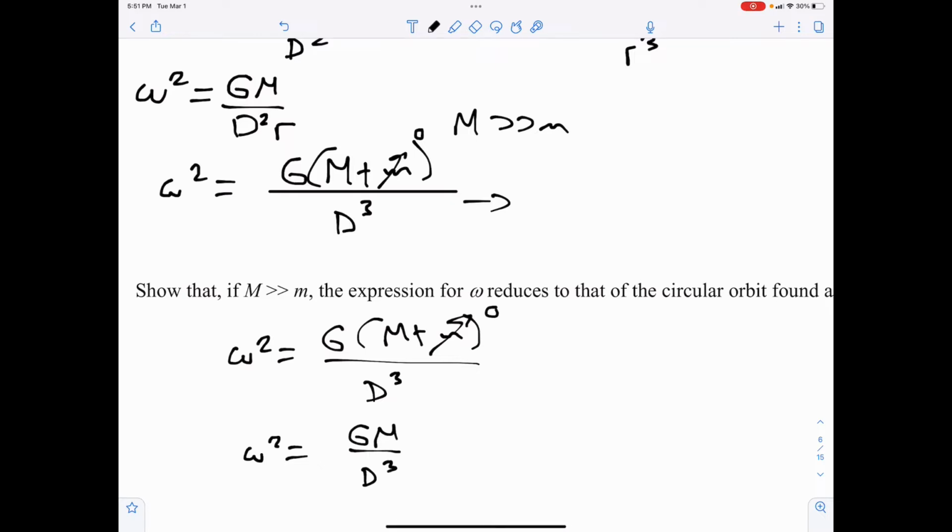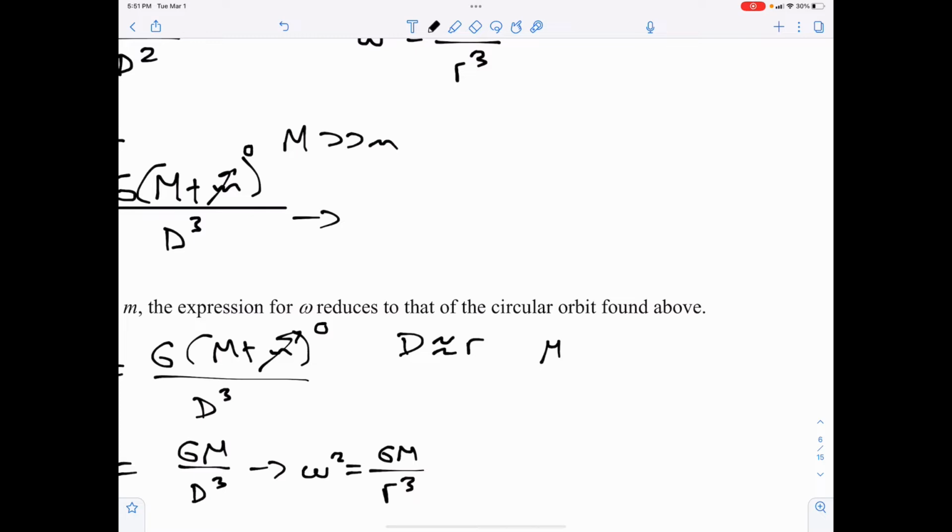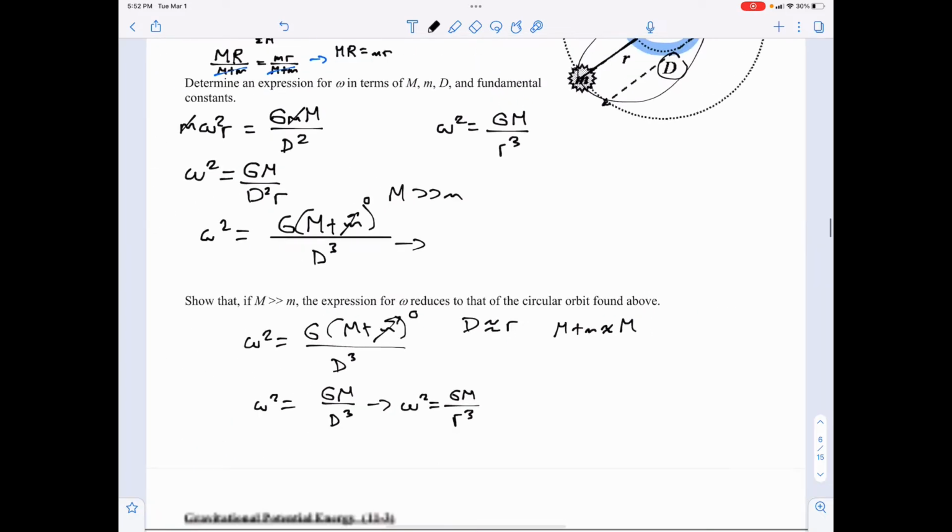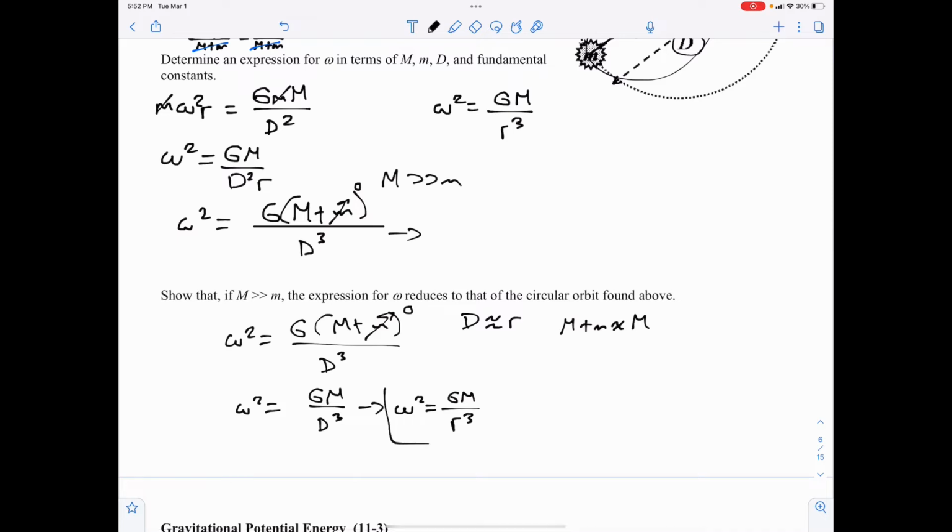At this level, if big M is so much bigger than little m, then the distance between them is approximately the same as the little r distance. So big M plus little m is approximately just big M, and we end up with this approximation here.